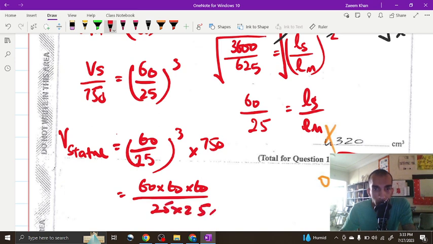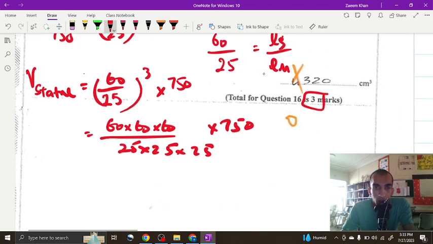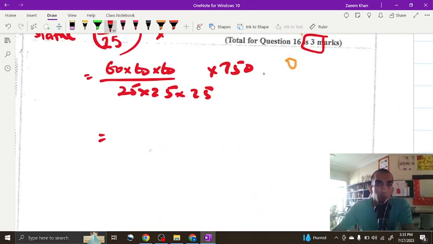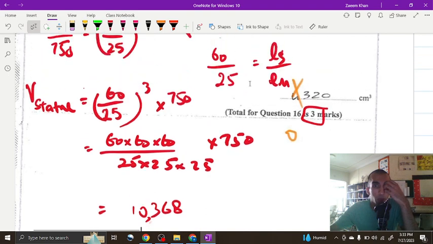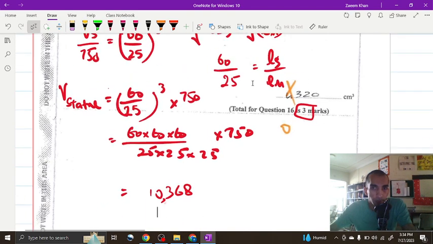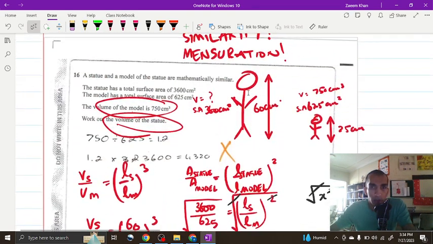But since we have a calculator, let me do that. 60 into 60 into 60 into 750 is 10,368. It was something you had already studied. It's only a matter of being able to recognize it. You knew all of this.